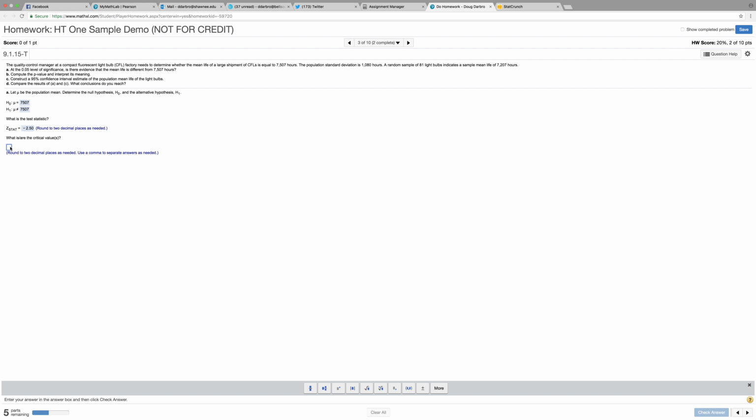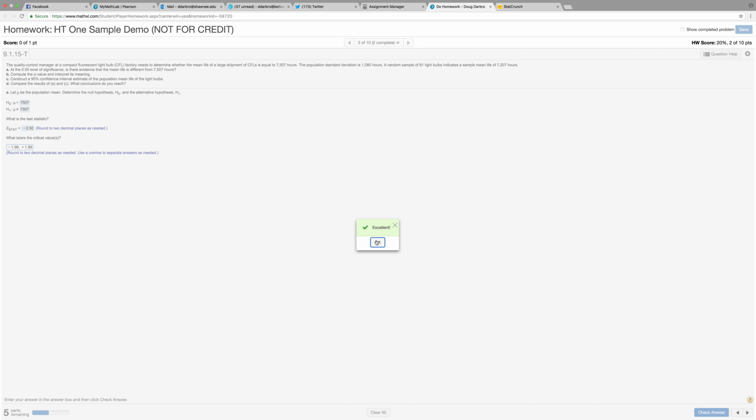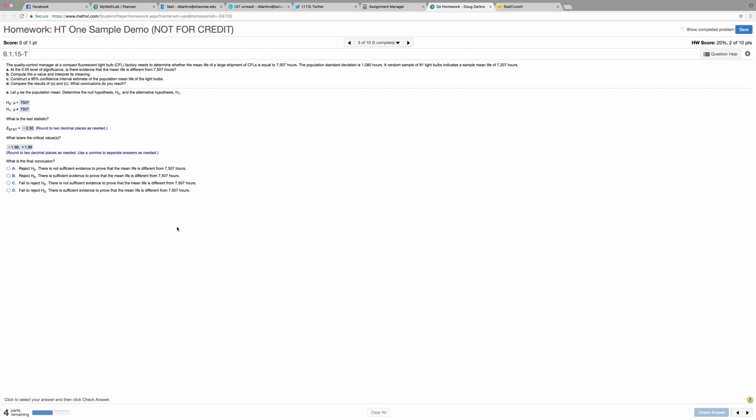So that's going to be negative 1.96 and positive 1.96. What's the final conclusion? Well, our negative 2.5 is outside the range, so we're going to reject. So we can say that the mean life is different than 7507.